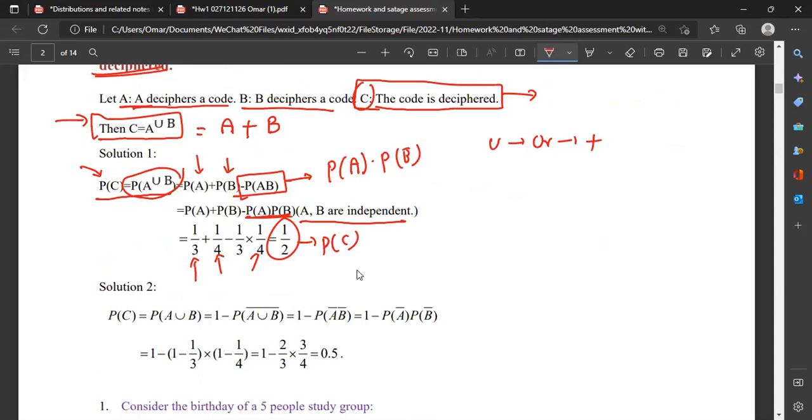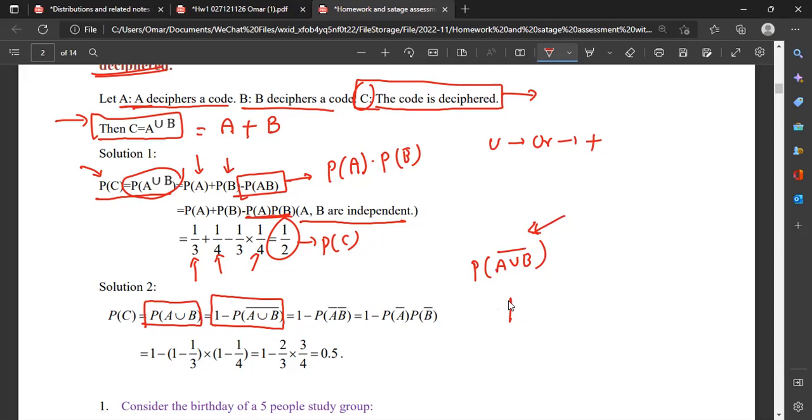And we have another alternative solution. P of A union B can also be written as 1 minus P of (A union B) prime. What that means is the code will not be disappeared, okay?